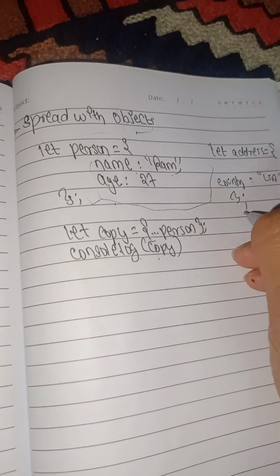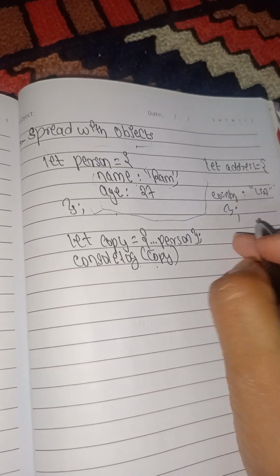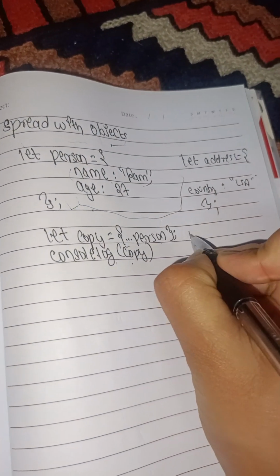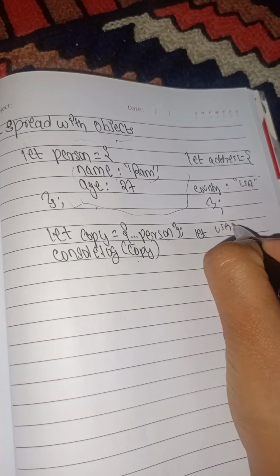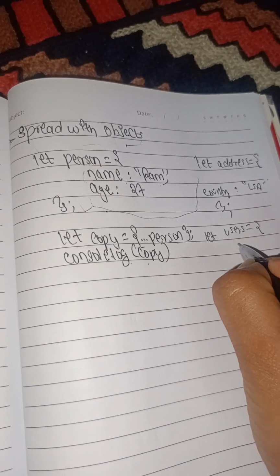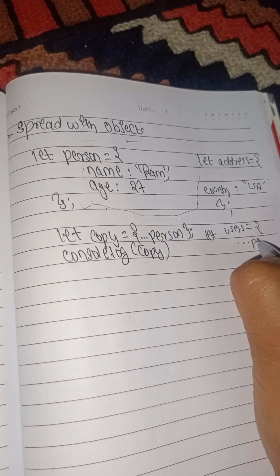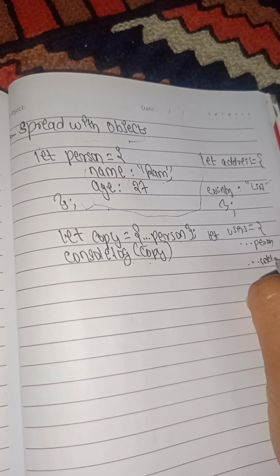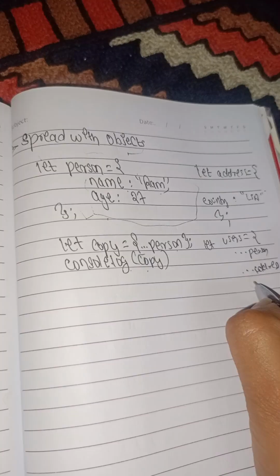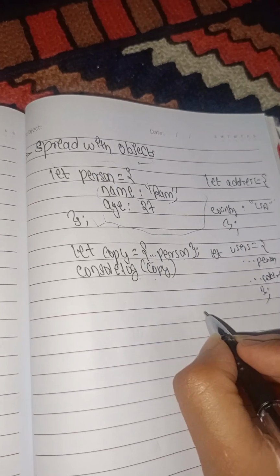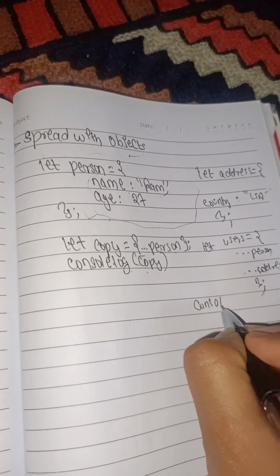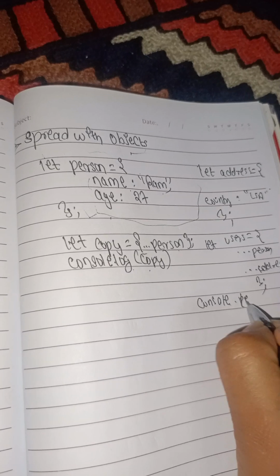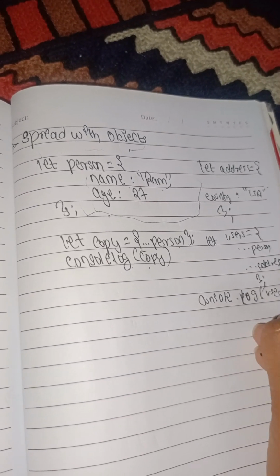Then you can simply combine both of them by writing let users is equal to, here simply put spread person, spread address, right? And then simply you can print by writing console.log inside it, users.